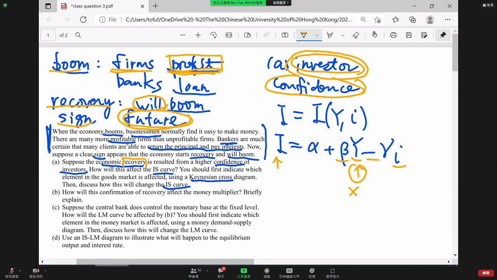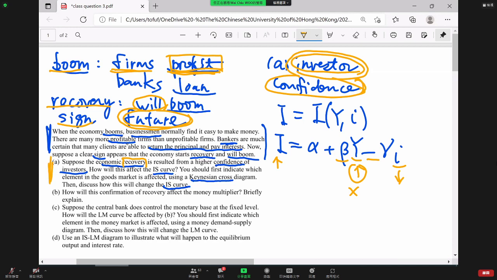Of course, another reason why people may invest more is the interest rate going down. But is it because the interest rate has already gone down, so investment increases? The answer is again no, because here you are talking only about confidence.